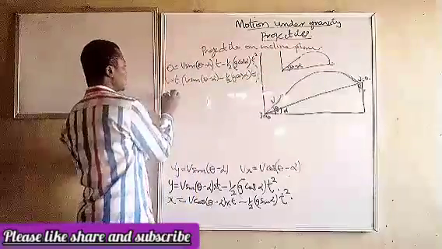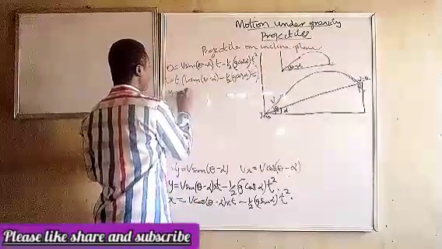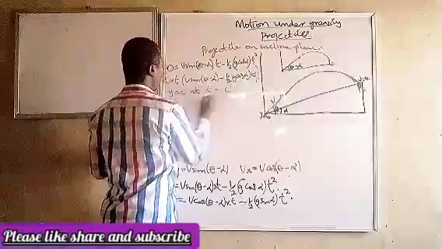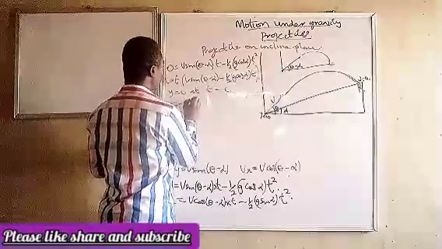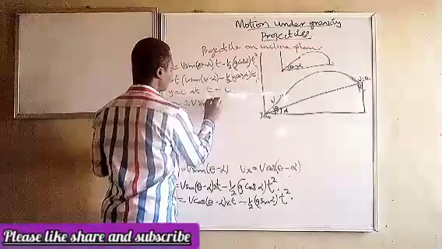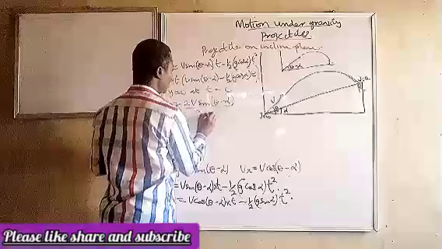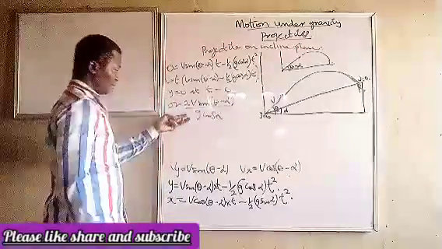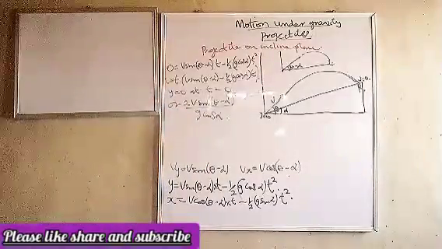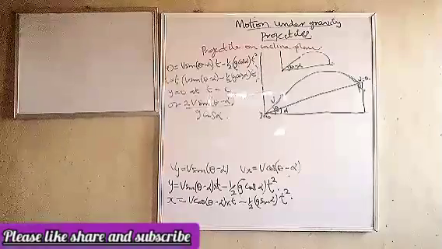Which means that y equals 0 at t equals 0 or t equals 2v sine theta minus alpha over g cos alpha. You can see the similarity to the normal one. So that is our t.